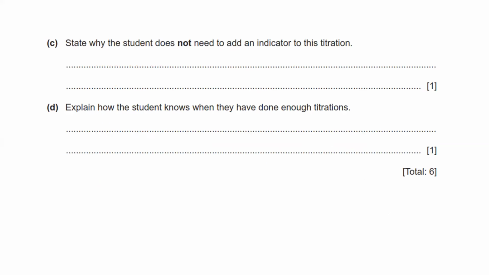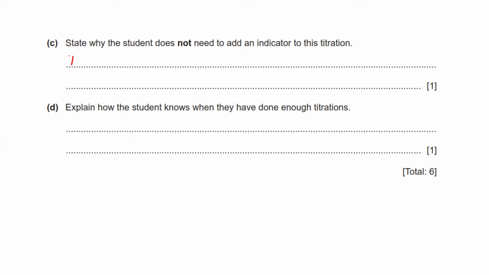Again, moving ahead, part C, it says, state why the student does not need to add an indicator for this titration. So remember, we are already adding potassium permanganate, so the color of the solution is initially purple, and that will turn to colorless as soon as the titration proceeds. So we do not need an indicator.